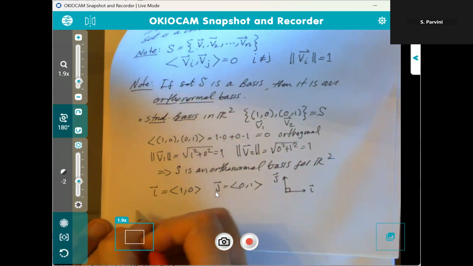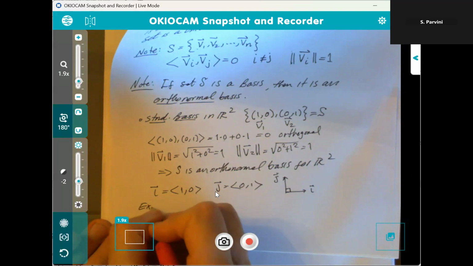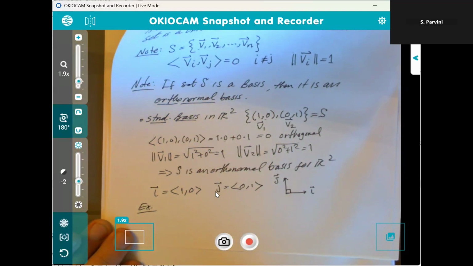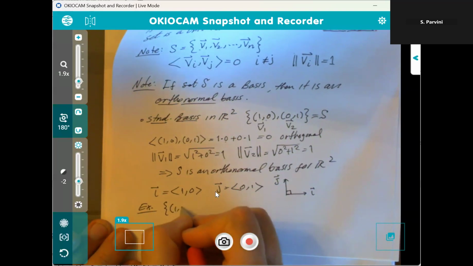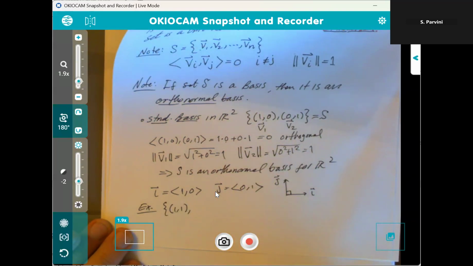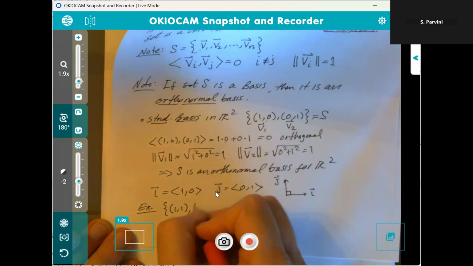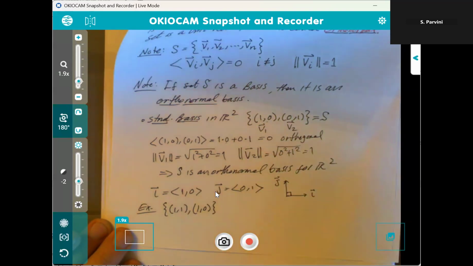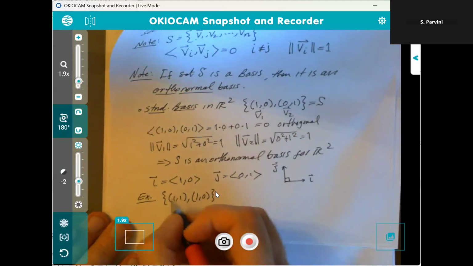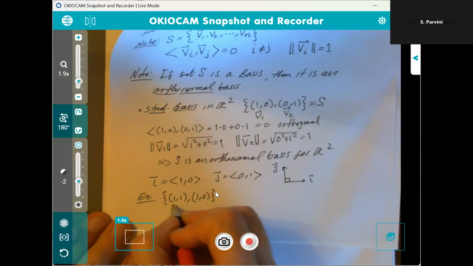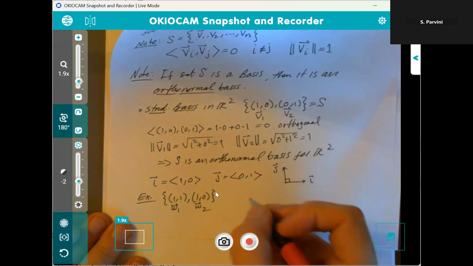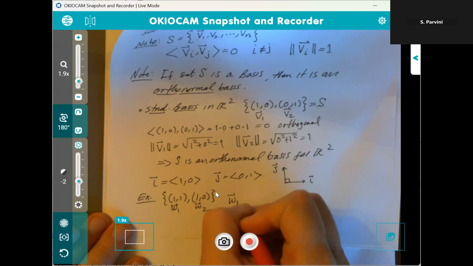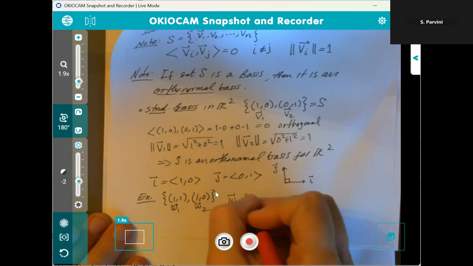Now, let's take a look at another example here. This time I'm making a non-standard basis: 1, 1, and let's make the other one 1, 0. All right, and then let's do the dot product again. I'll call these W1 and W2 to be different from the ones above.